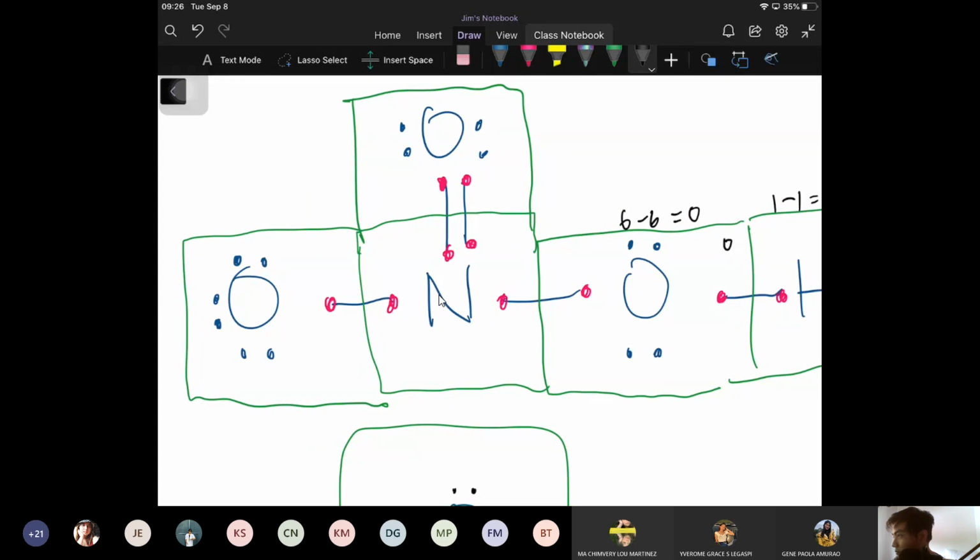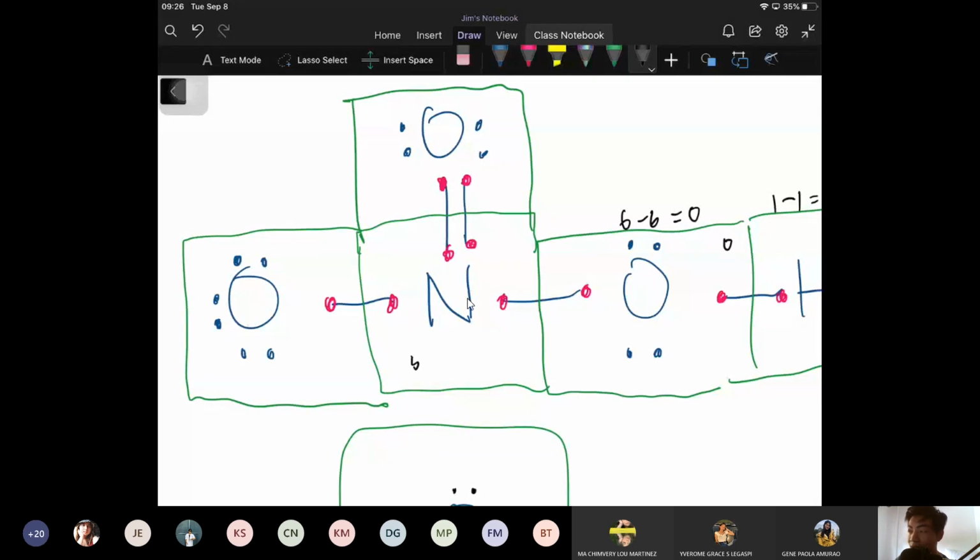This nitrogen, what is its formal charge? 2. 1. Okay, so the answer is 1. Why? Should, valence electrons is 5.